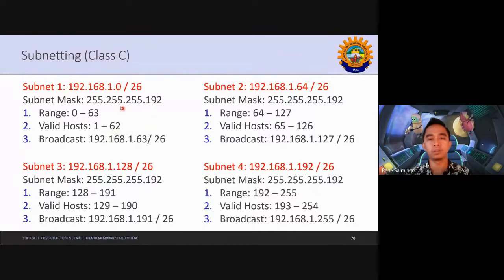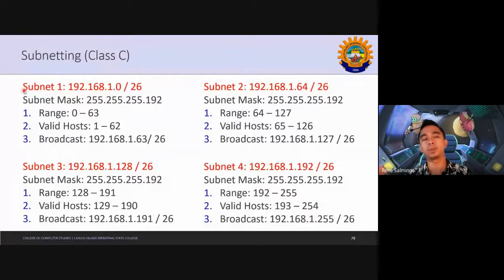So this is in 64. As you notice, your range is 0 to 63 and your valid host is 1 to 62 and your broadcast address is on this one. Why do you only have 62? Because 2 are missing: the other IP address was for the broadcast address and the other one is for the network address.